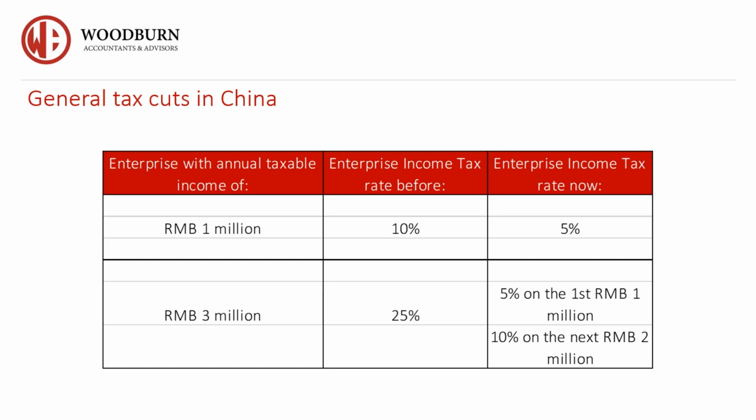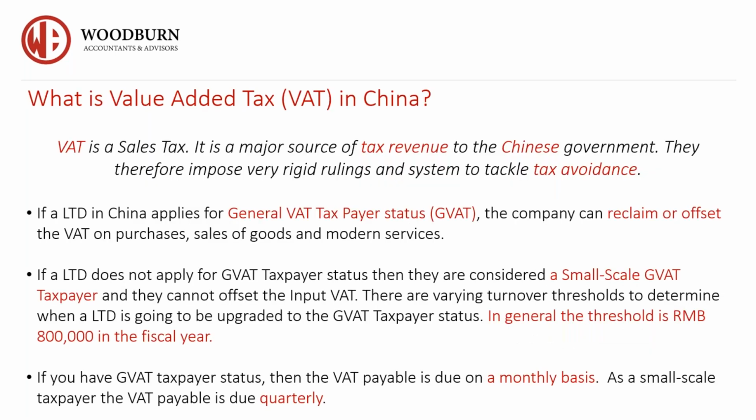But let's not lose track. The whole point of this presentation today is to understand value-added tax in China, to understand about the Fapiao system, what it means, and what it entails. So let's start off with what is value-added tax in China. So first of all, VAT is a sales tax, and it is a major revenue item for the Chinese government.